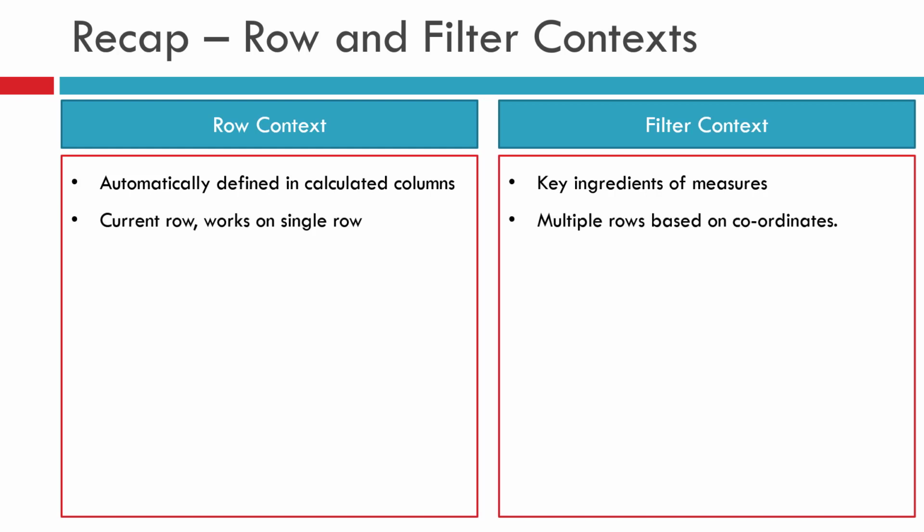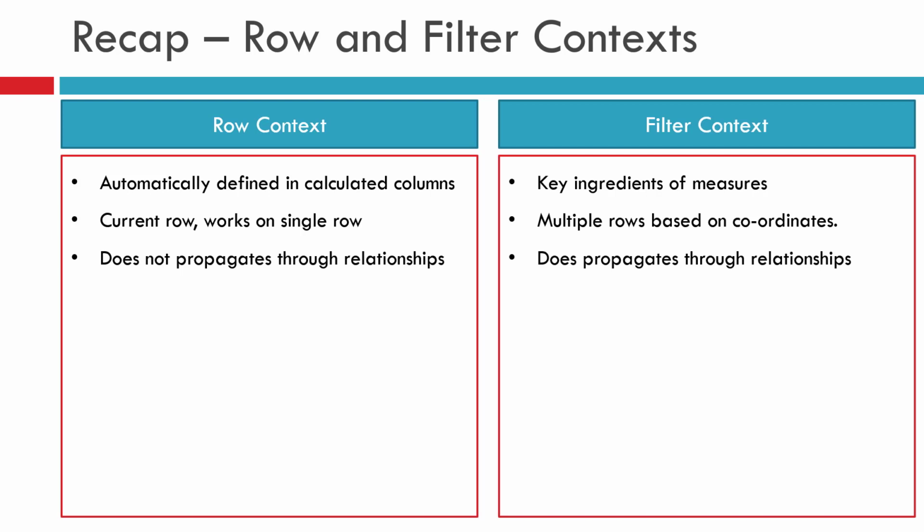Row context simply means that data for the current row across all the columns of that row is being considered. It is always working on a single row, while filter context refers to multiple rows which contain the relevant data. Rows where the given value is present are considered and others are ignored during filter context.